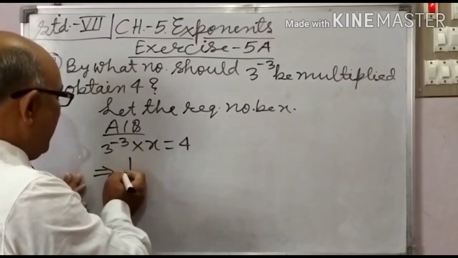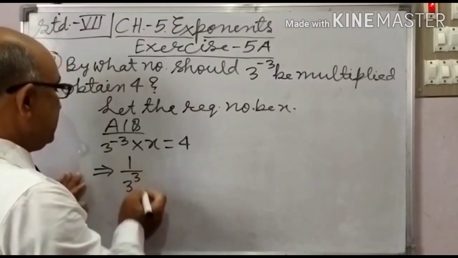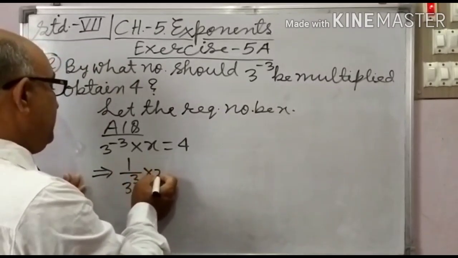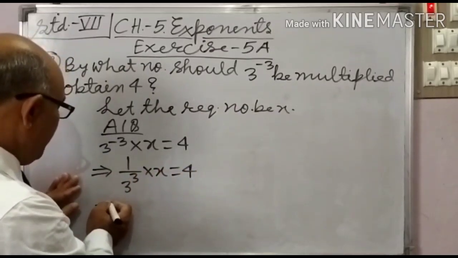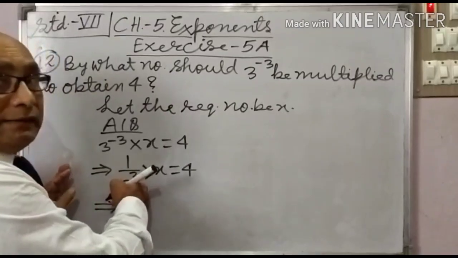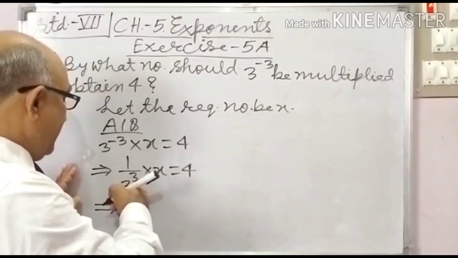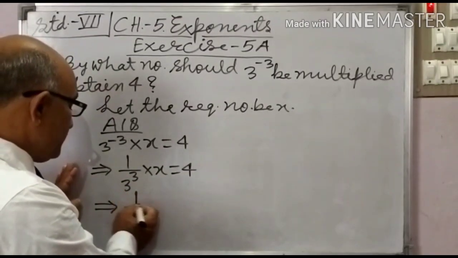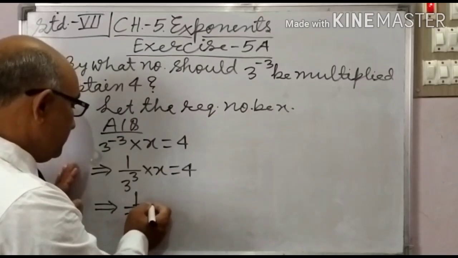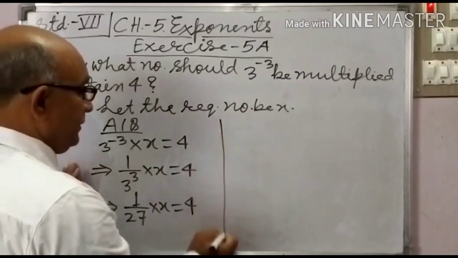So 3 to the power minus 3 equals 1 by 3 to the power 3, into x equals 4. 3 to the power 3 means 3 into 3 into 3. So 3 3s are 9, 9 3s are 27. That implies 1 by 27 into x equals 4.